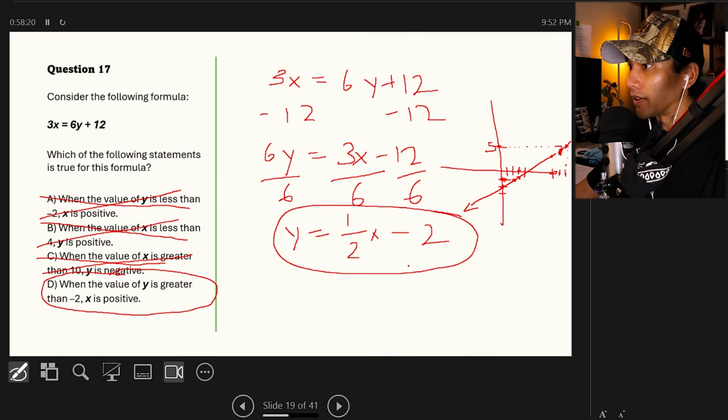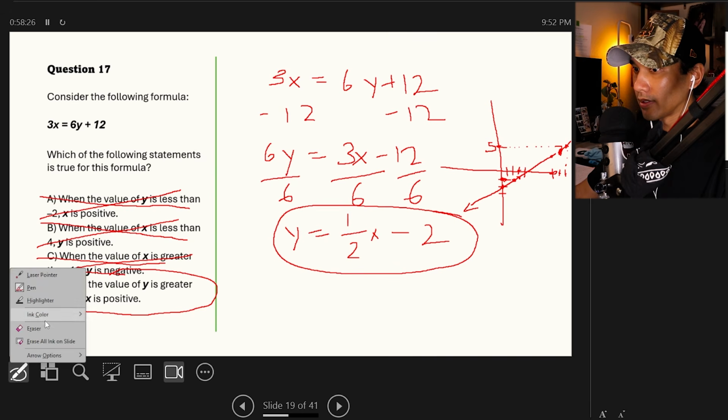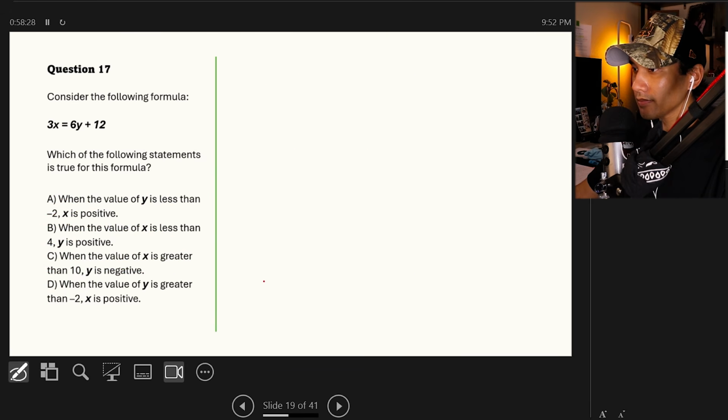That's how I learned, by graphing. Now this is going to show you a different way, and it's faster, okay? Here we go. So we want to solve for x in this case. Start with 3x equals 6y plus 12. Divide everything by 3.